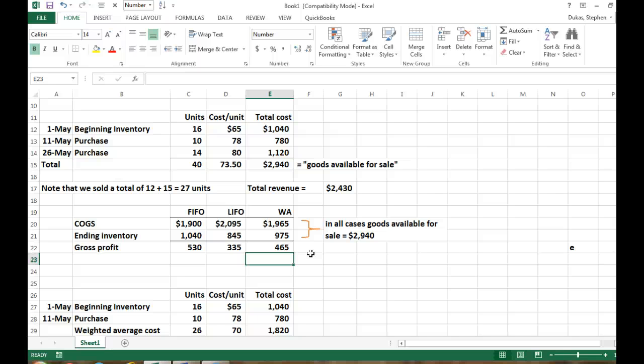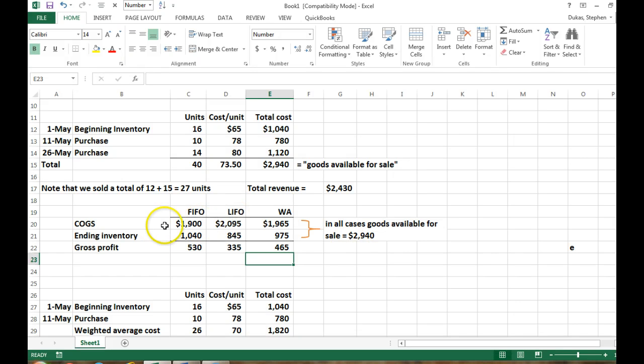So gross profit under FIFO is higher, under LIFO is lower, and weighted average will be in between. This is always the pattern when costs are rising. When costs are falling, FIFO and LIFO switch, but weighted average will always be in between.